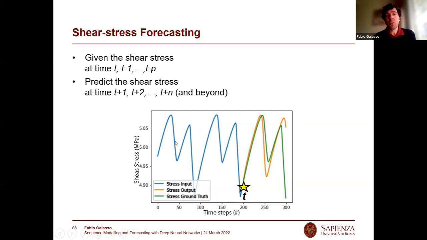So we're going to be observing this amount of shear stress. This is 20 seconds, and this is 200 steps in terms of time samples. And so this makes 200 steps in time, and we want to predict 100 steps into the future, which means 10 seconds.